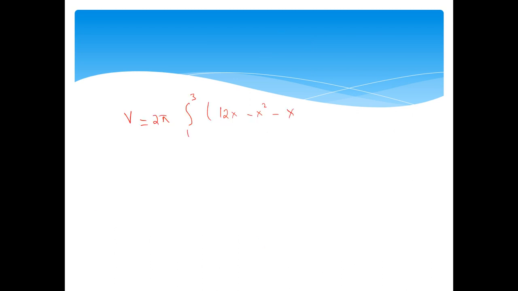So that would be 2 pi times 6x squared minus x cubed minus x to the fourth over 4, evaluated from 1 to 3. And when we do the evaluation, we should get 116 pi cubic units.